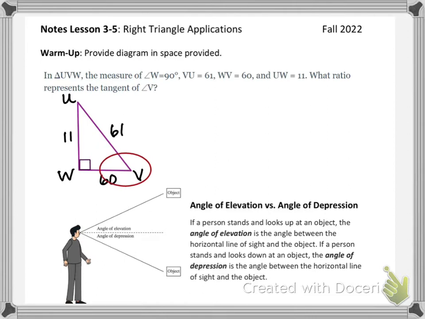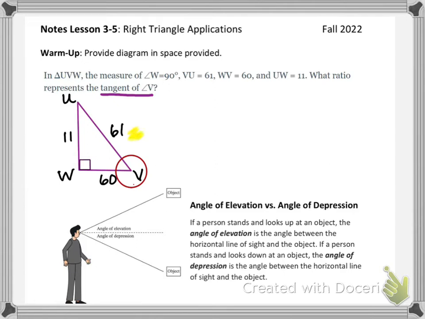The reason why is because it is telling us to find the tangent of angle V. The tangent of angle V tells us where to stand. And then the next thing you're going to do is label your hypotenuse first.